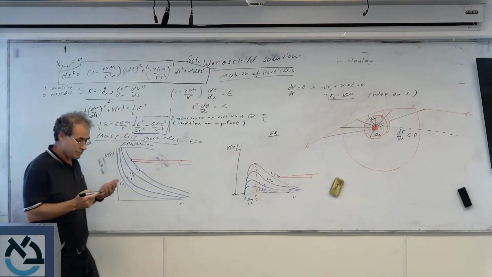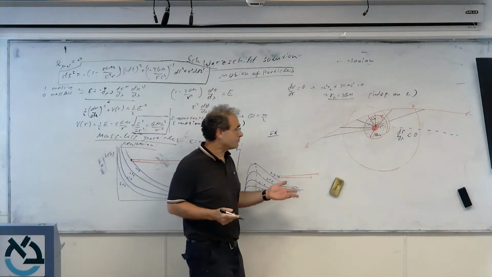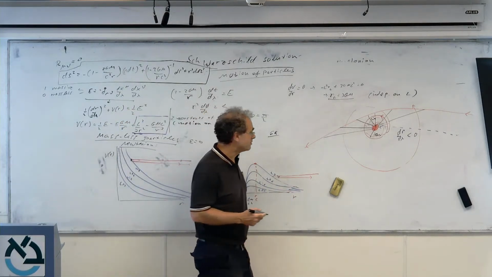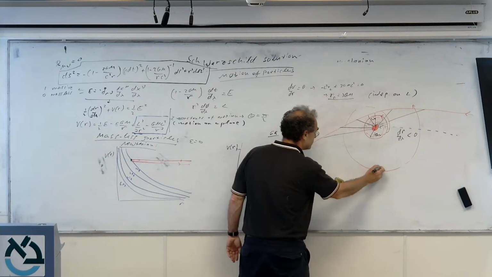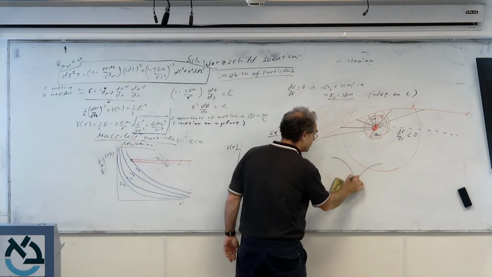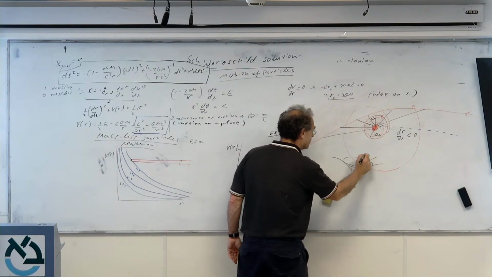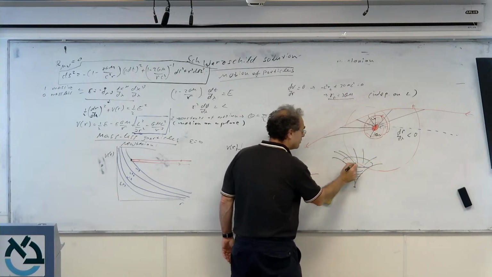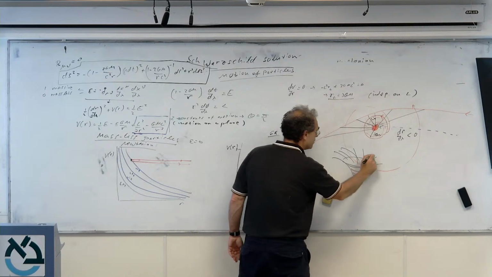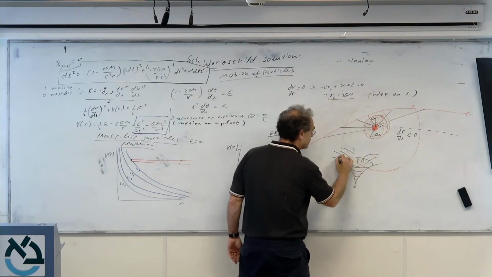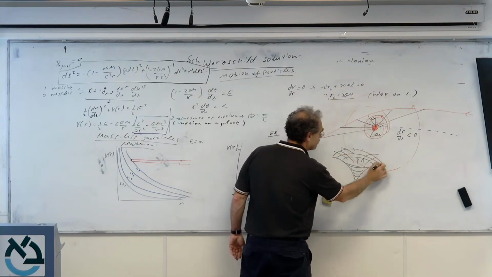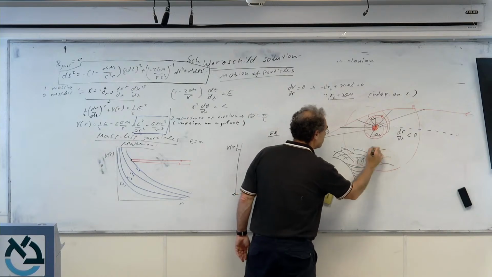And again, the way to understand that, how can it be? The way to visualize that very easily is to think of this as the potential. So we have the potential, and then the space itself is being curved. Very far away, the space is flat.